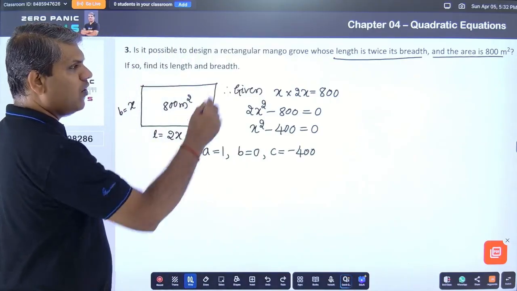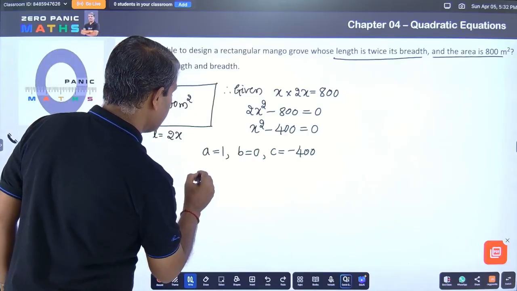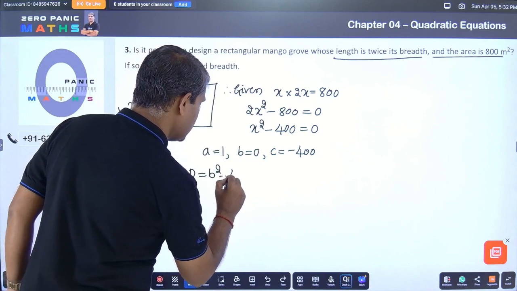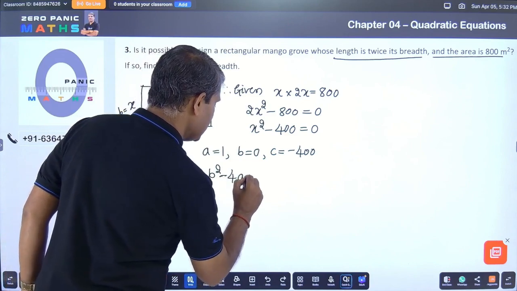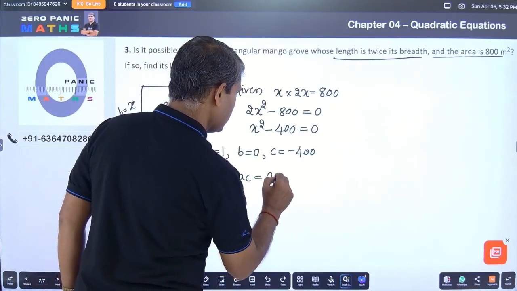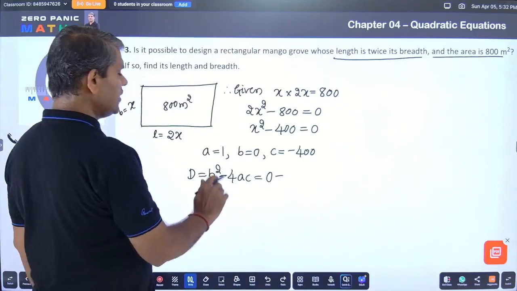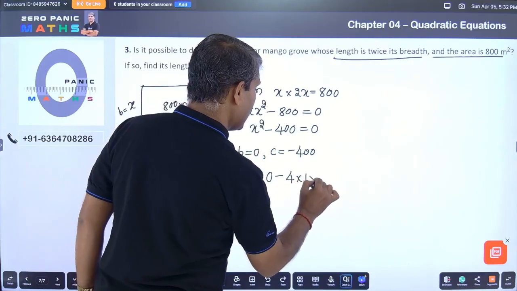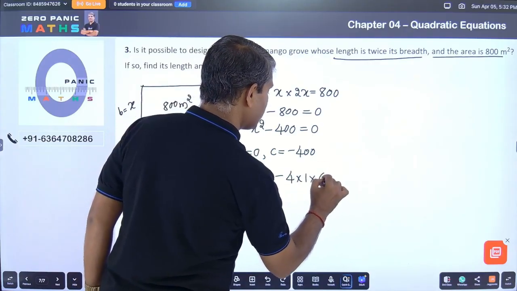Now find out the discriminant. What is D? Discriminant is b square minus 4ac. What is b square? 0 square is 0 only, minus 4 times a is 1 and c is minus 400.